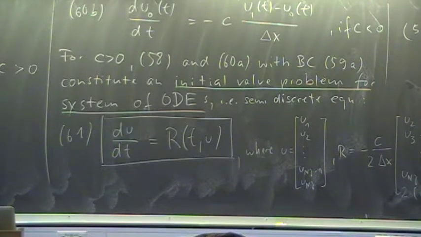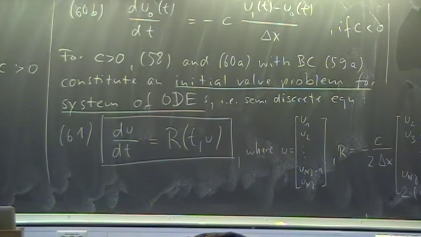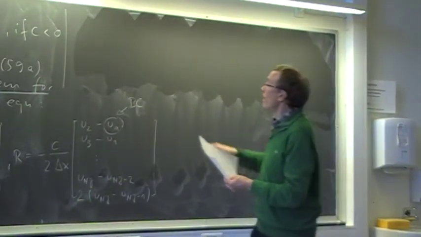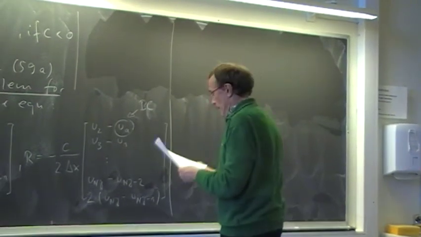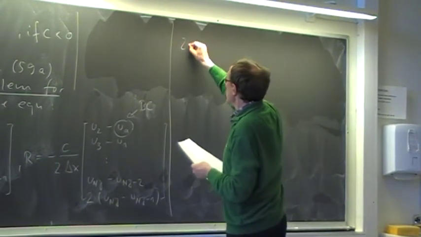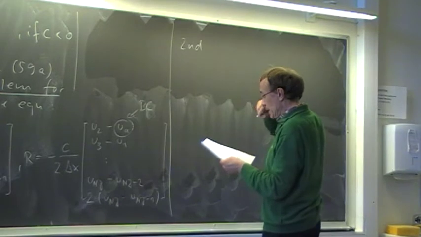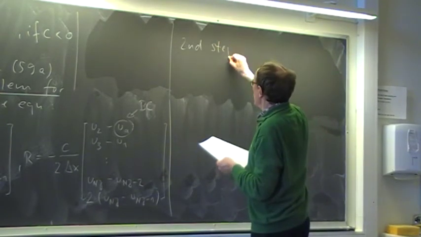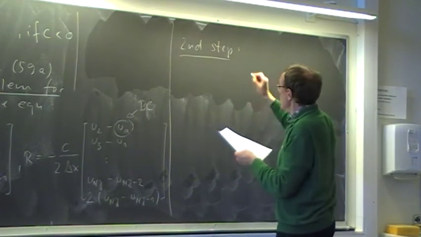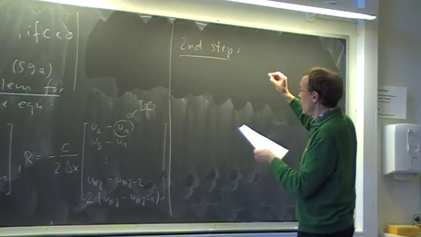So let's see over here. That is the second step. The first step was discretization in space. Now the second step is the discretization in time.